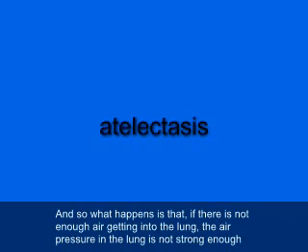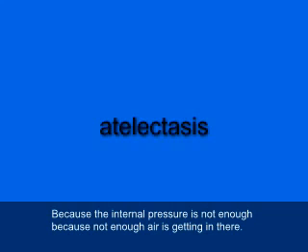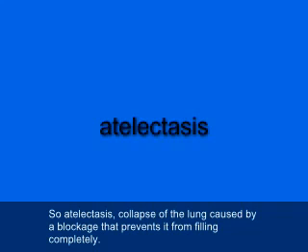If there's not enough air getting into the lung, the air pressure in the lung is not strong enough to balance the external pressure. And so the lung will then collapse because of the pressure outside it, because the internal pressure is not enough, because not enough air is getting in there. So atelectasis, collapse of a lung caused by a blockage that prevents it from filling completely.